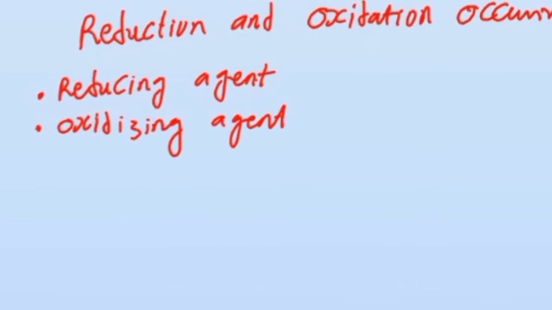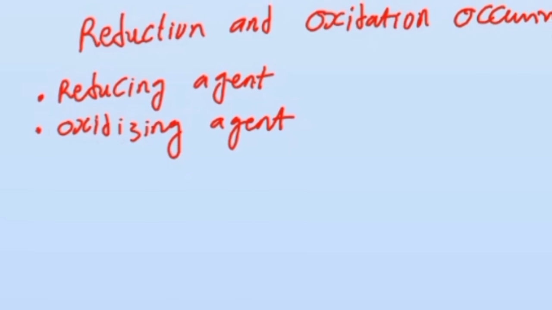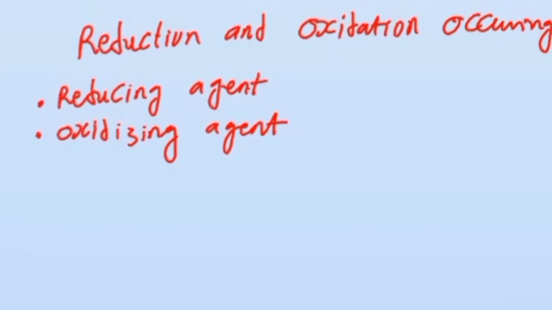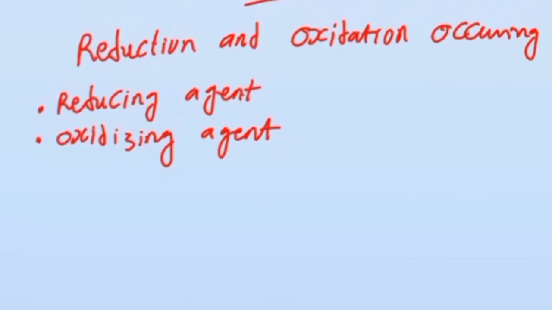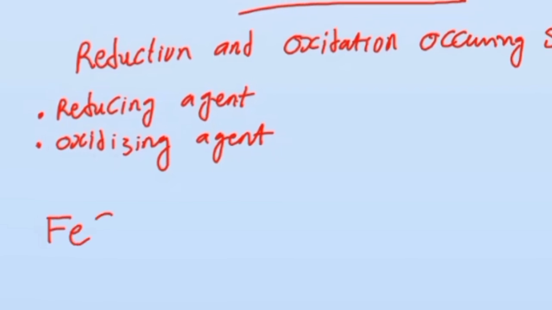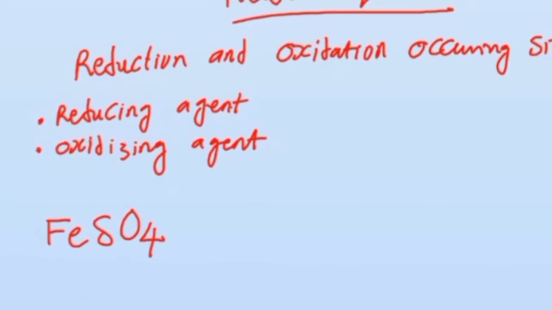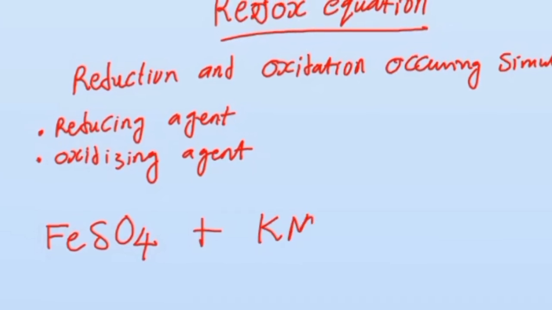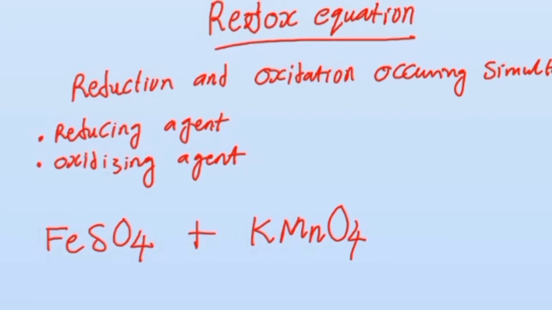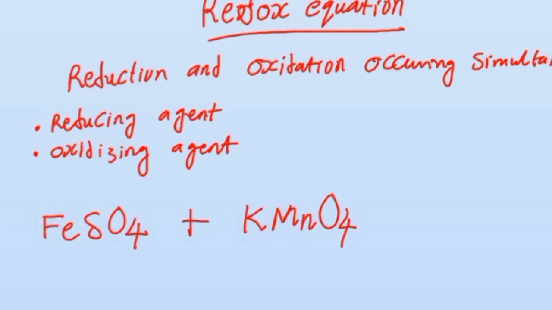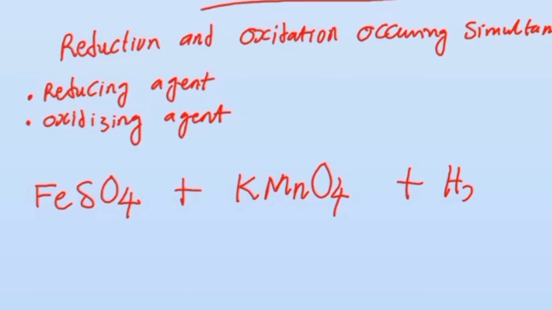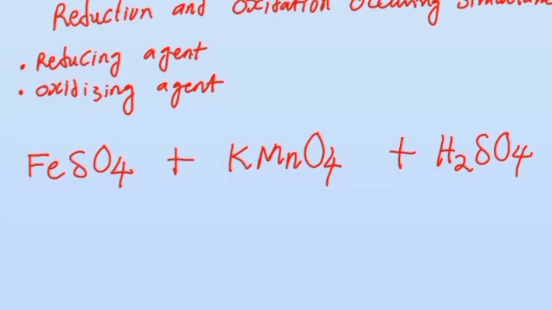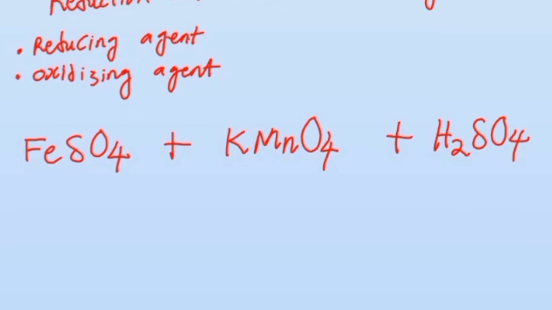Okay, now we're going to be writing a simple redox equation, one that involves a reaction between FeSO4, known as iron 2 tetraoxosulfate 6, reacting with KMnO4, which is known as potassium tetraoxomanganate 7, which is usually acidified in concentrated tetraoxosulfate 6 acid.